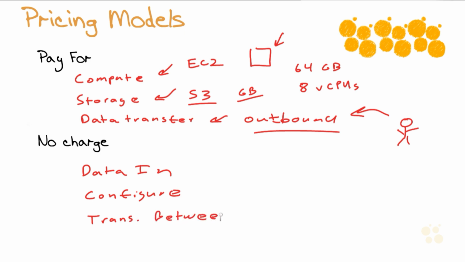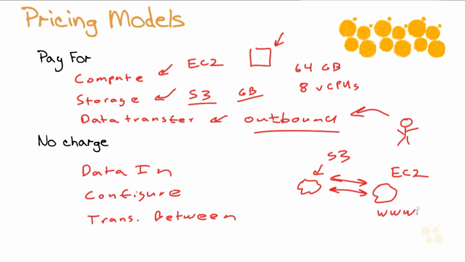Now, what do I mean by that? Here's our S3 service in the cloud, and this is our EC2 service in the cloud. When these two services are communicating with each other based on maybe some application that we're doing, in fact, maybe this is a web server and the S3 storage service has the web pages that we're serving up, this transfer we wouldn't be charged for.